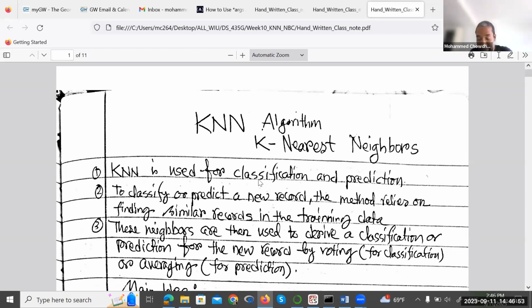Chapter 7 and chapter 8 discuss in detail what the KNN classifier is and what the naive Bayes classifier is. If you read these two chapters and watch my video, everything will be very easy to understand, including how these two classification methods are used for classification as well as prediction. KNN and naive Bayes.